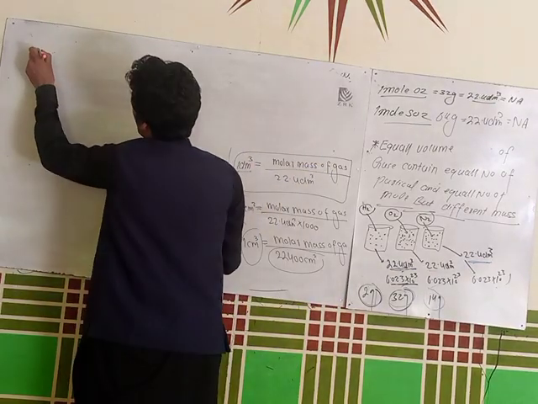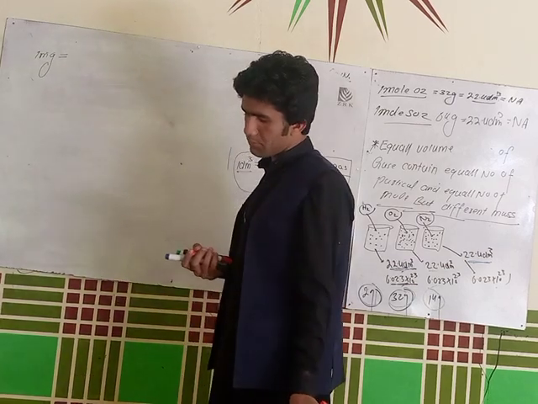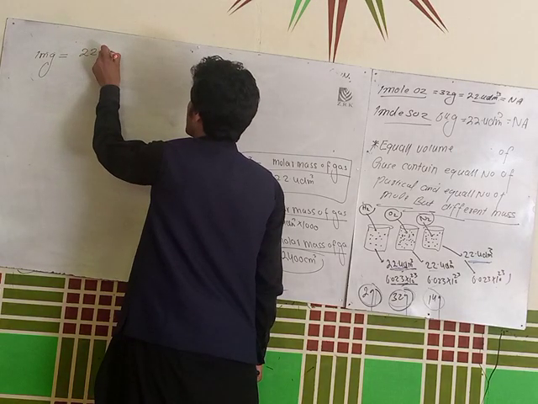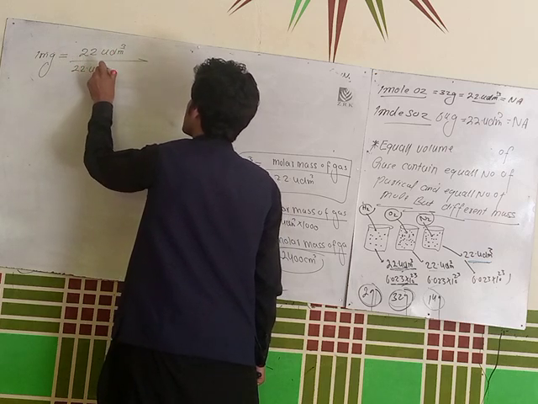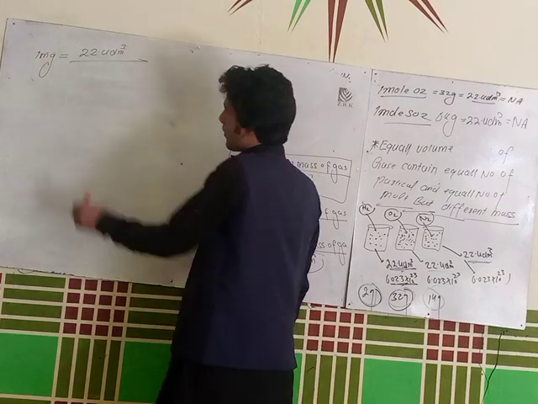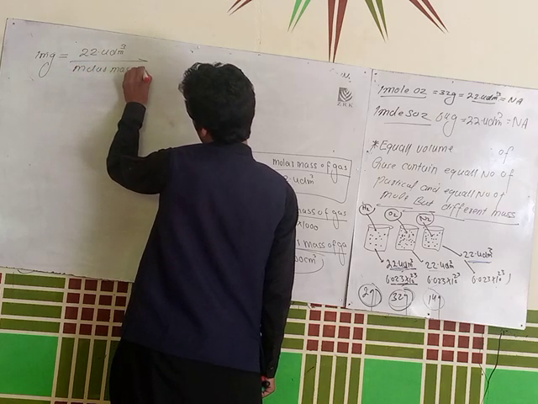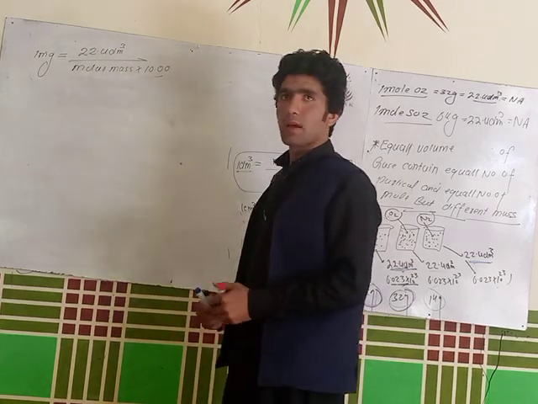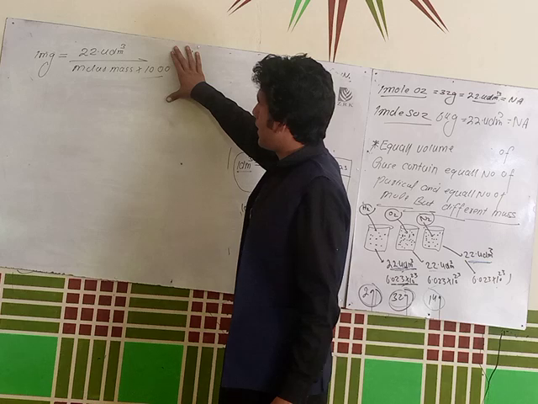At that time, for 1 milligram you can write 22.4 decimeter cube divided by the molar mass of gas, I'm so sorry, the molar mass of gas multiplied by 1000. So this formula will be used to find the volume per single milligram of any gas.